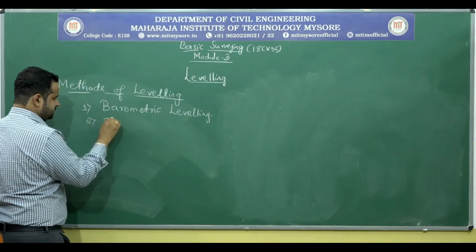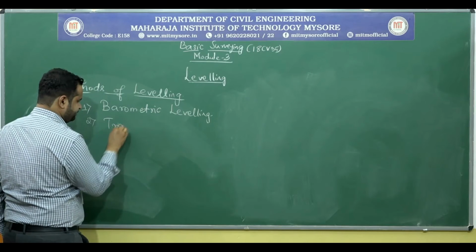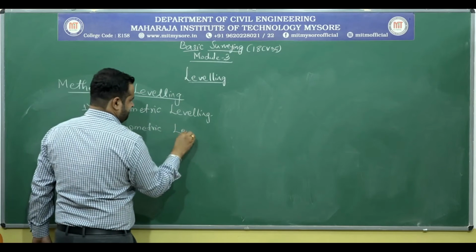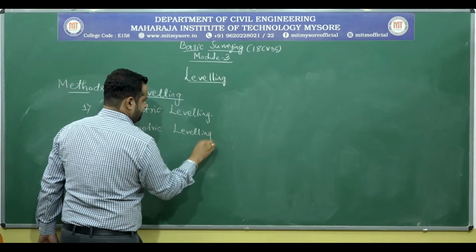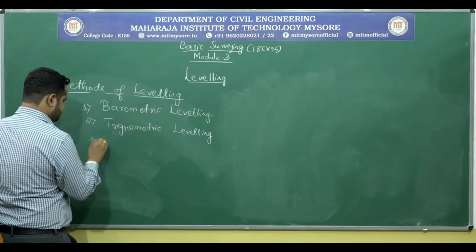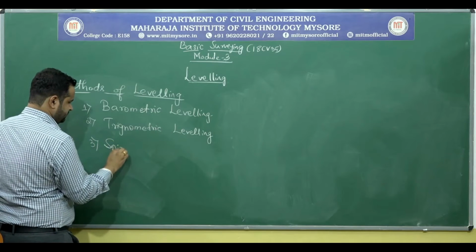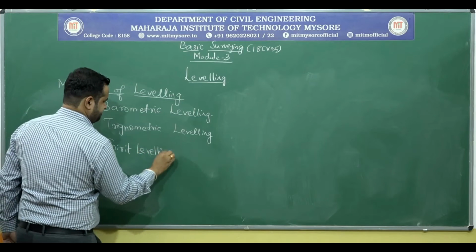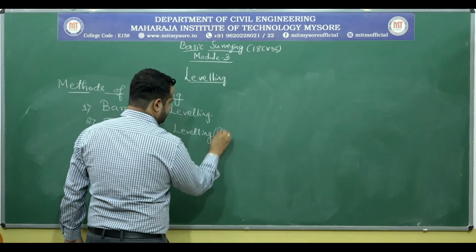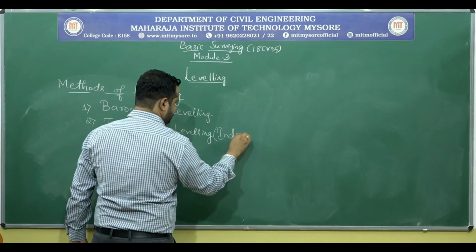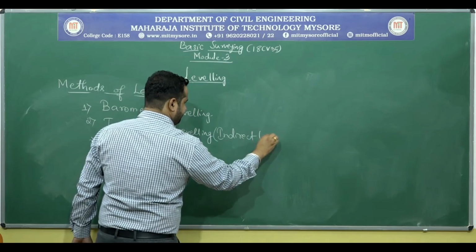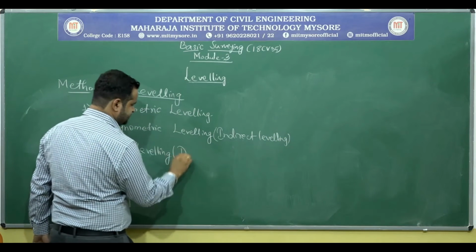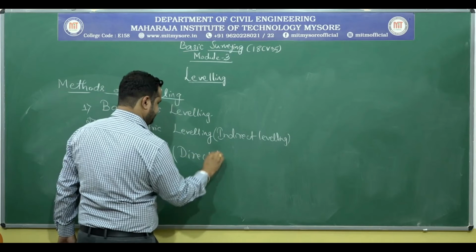Second one is trigonometric leveling. Third one is spirit leveling. Trigonometric leveling is also called indirect leveling, whereas spirit leveling is also called direct leveling.